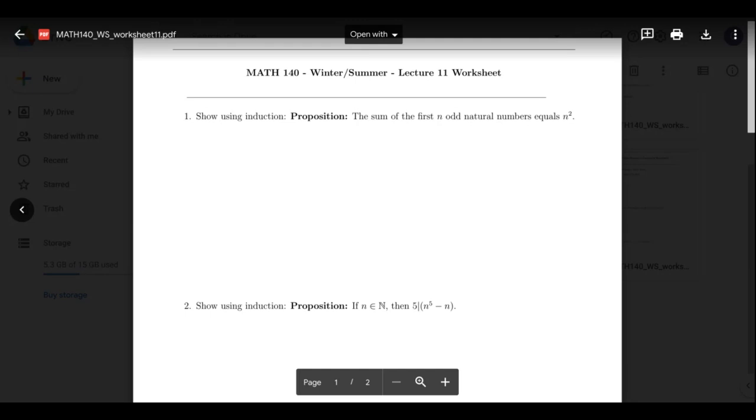Prove P of 1, assume P of k, prove P of k plus 1. You use the k case, then you assume for k, you assume P of k and use it for P of k plus 1.